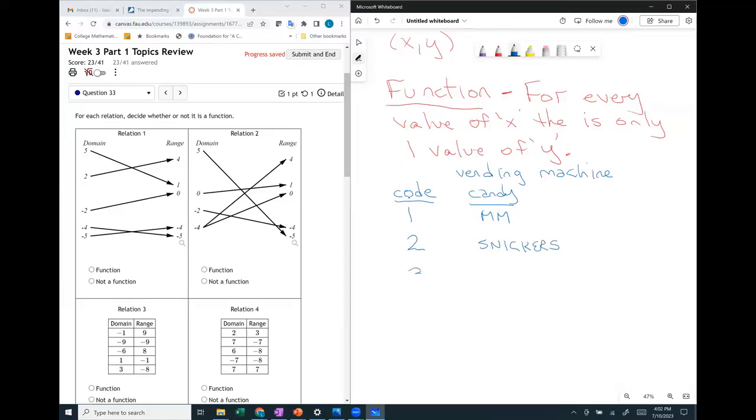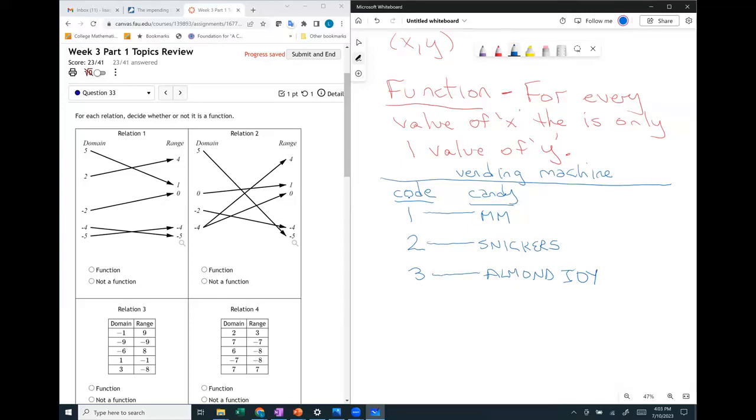Code 3, candy is Almond Joy. Okay, so now, if I press 1, I know I'm going to get an M&M. If I press 2, I'm going to get a Snickers. And if I press 3, I'm going to get an Almond Joy.